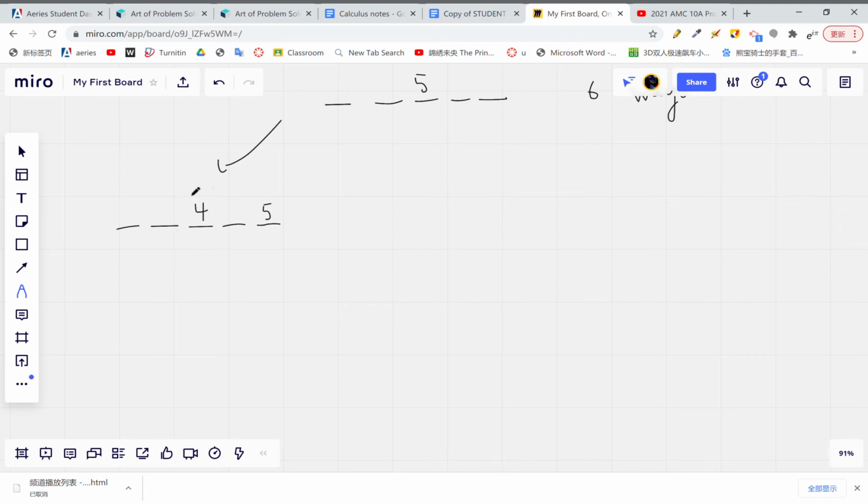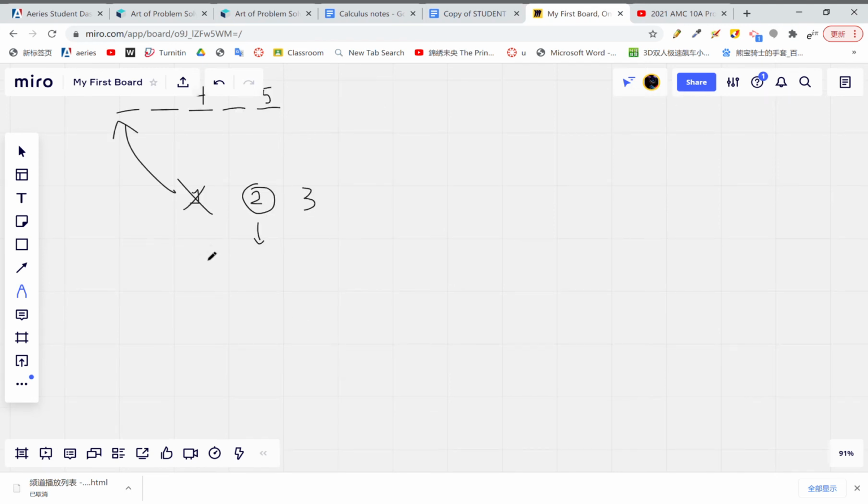If 4 is here, then we can't have a 1, because if we have a 1, then with both 2 and 3 over here, this will be in increasing order, which means the only 2 possible choices are 2 and 3. If it's 2, then we will only have 1 possible way, which is 2, 1, 4, 3, 5. If 2 is here, you can't have a 3, so you can only have a 1, so there's only 1 way.